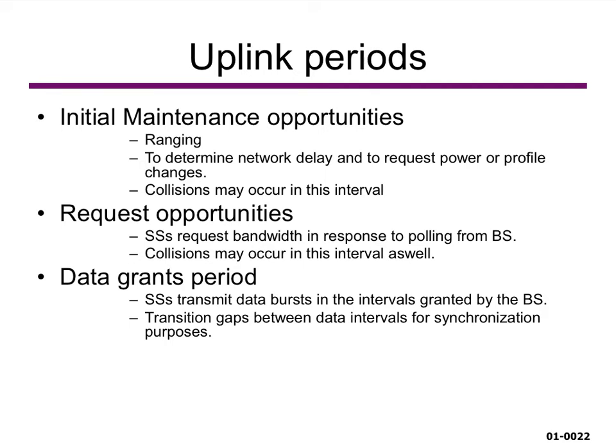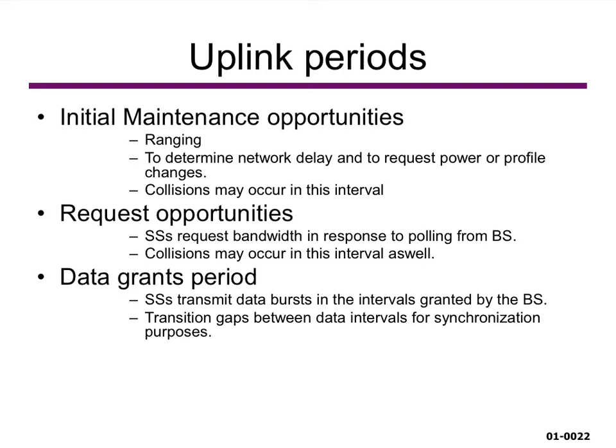The next slide actually reiterates on this. We have the initial maintenance opportunities where we do some ranging measurements, or we determine the delay. Based on this indirect information, we can get the state of each node, based on which we can provide time slot assignment. Or we get some request opportunities for explicit bandwidth requests from the nodes, in which case we can use the information to provide the data grants period.